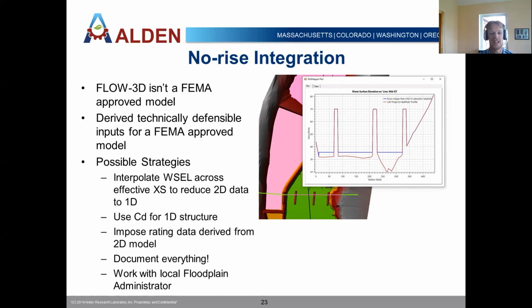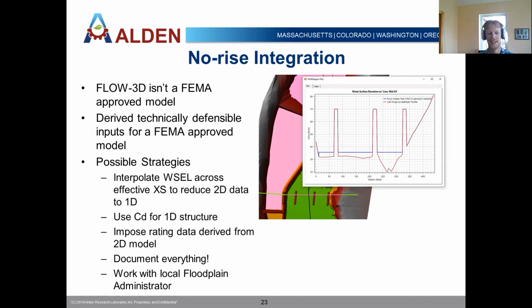I'm a fan of interpolating your water surface across every 2D cell that touches your cross section. In this case, you're reducing your 2D data to a 1D number to match the standard 1D no-rise analysis.